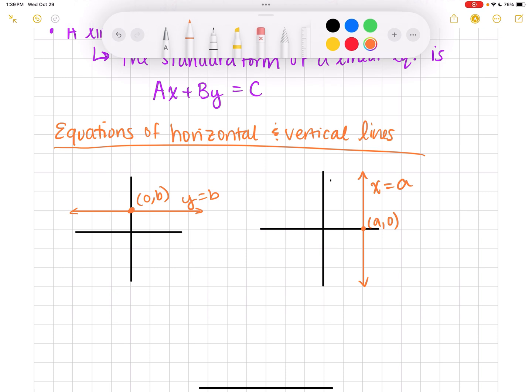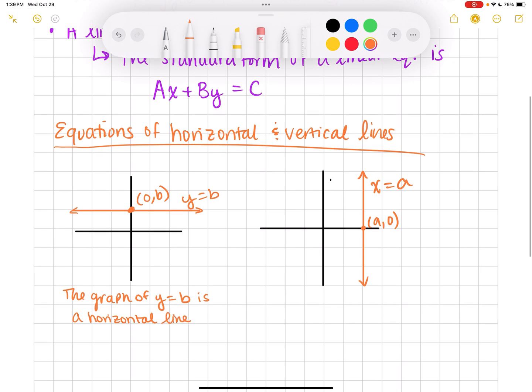So on this left one, the graph of y equals b is a horizontal line that passes through the point (0, b).